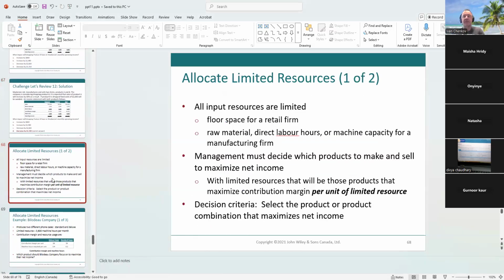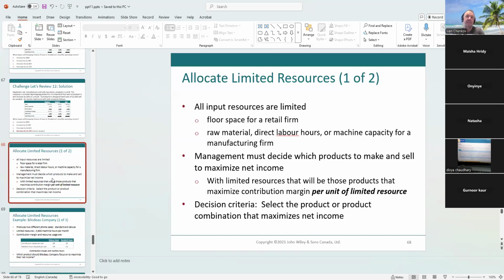And the last thing that we have to do is to allocate the limited resource. You have to understand, every time in life we're going to have a limited resource. In our personal life, what is the only limited resource that we have? Time.